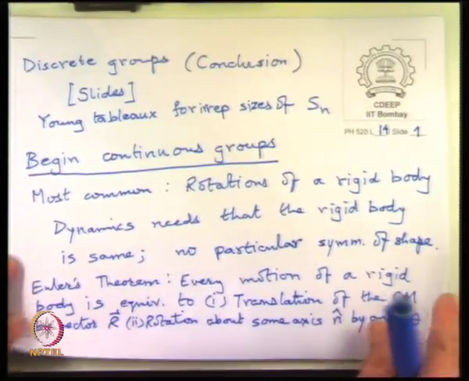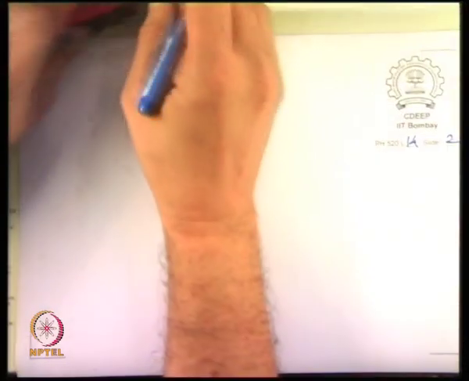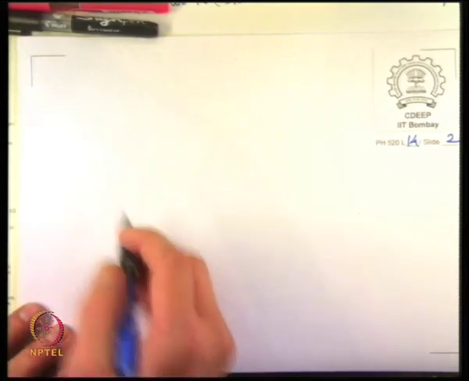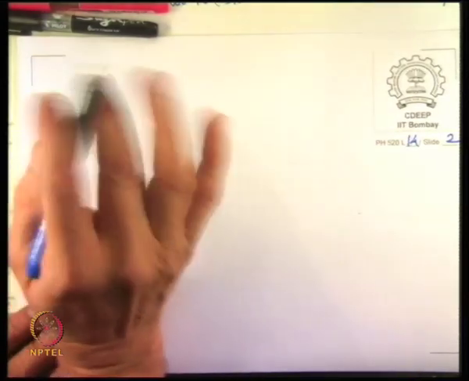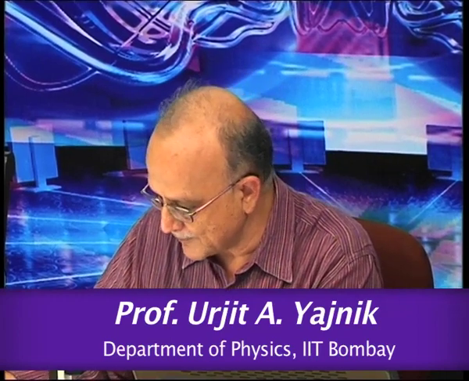So, this set of operations, the rotations, form a group. Call this the group of dynamics of a rigid body, but that is a more elaborate thing, because we know under change of frames, Galilean transformations, the motions also have some symmetry.